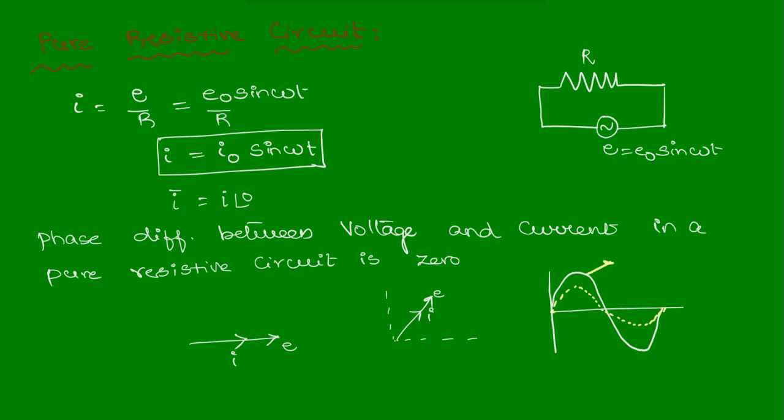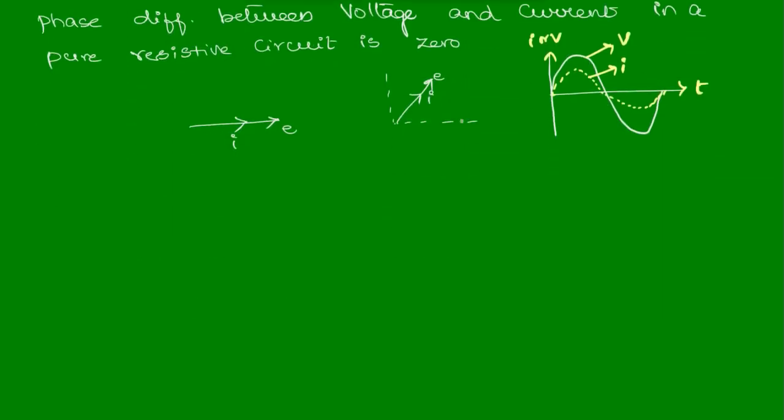Both are sine functions. This corresponds to voltage and this corresponds to current, in the current or voltage versus time graph. So you can expect some questions based on this.